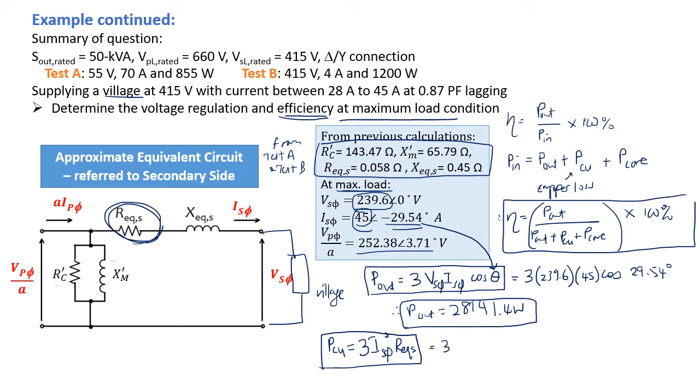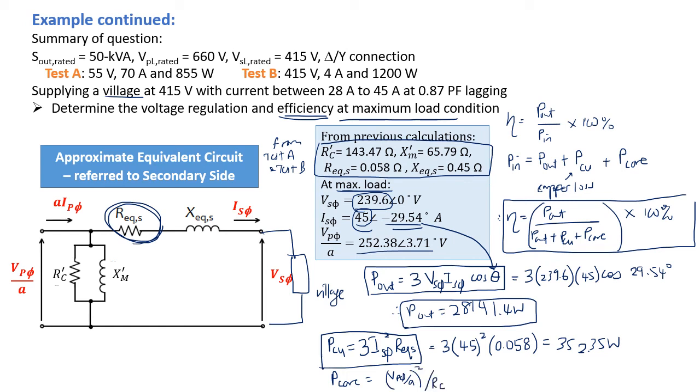So we substitute the value. IS phase magnitude is 45 squared times REQS 0.058, and that gives us a copper loss of 352.35 watts.